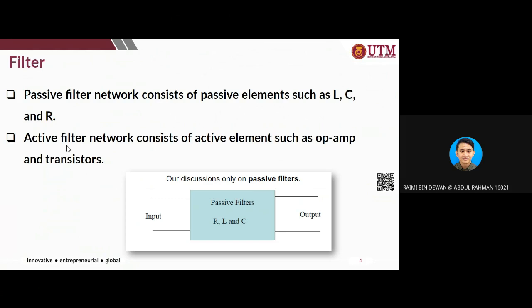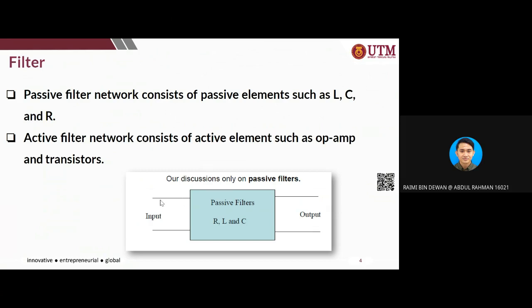So easy: active filters are those whose active elements require power. Our discussion only covers passive filters, so you don't have to know about active filter networks. We only consider passive, which consists of our inductor, capacitor, and resistor.